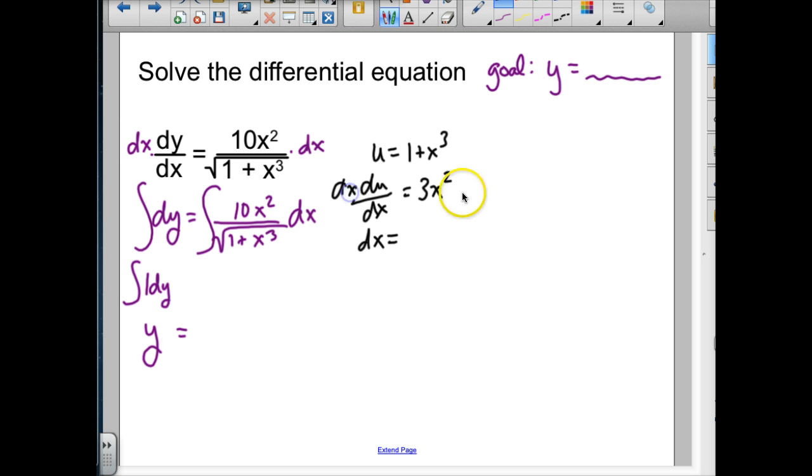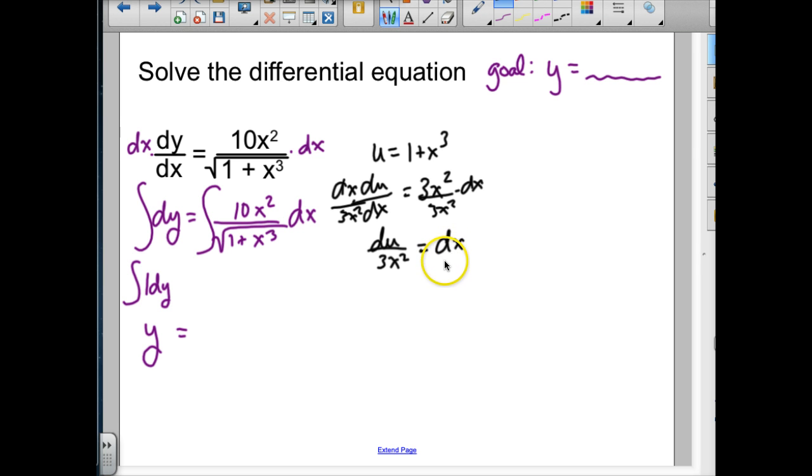You're going to multiply by dx on both sides, and then you're going to divide by 3x squared. So we'll have du over 3x squared. Oops, I've been writing it the other way, so I'm just going to continue to write it the other way so it's consistent. So du over 3x squared equals dx.